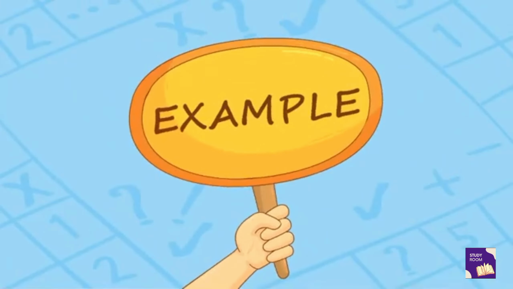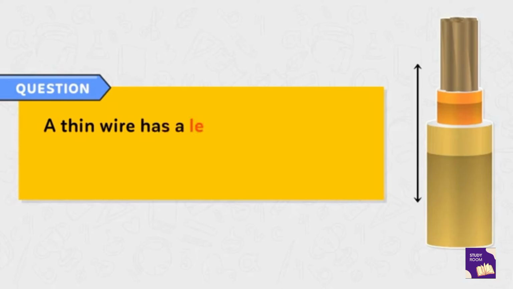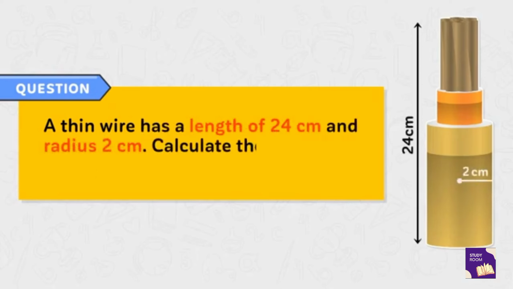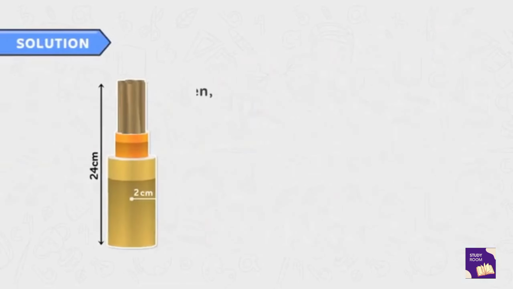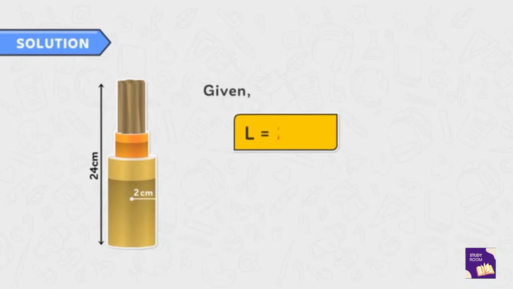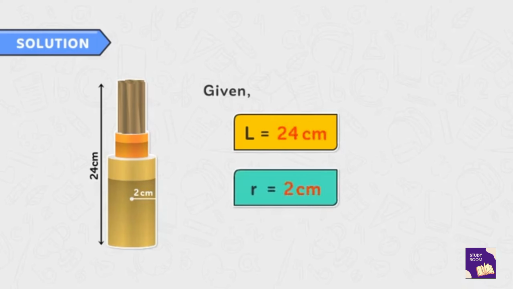Let's take an example to understand this concept better. Question. A thin wire has a length of 24 cm and radius 2 cm. Calculate the volume of the wire. Solution. We are given length L equal to 24 cm and radius equal to 2 cm.